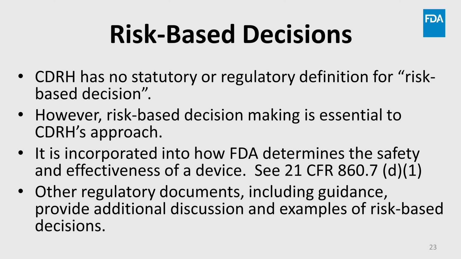For example, it is incorporated in how FDA determines the safety and effectiveness of a device in 21 CFR 860.7(d)(1). In the regulation, it talks about the probable benefits of a device outweighing any probable risk, and that the evidence provided demonstrates the absence of unreasonable risk.